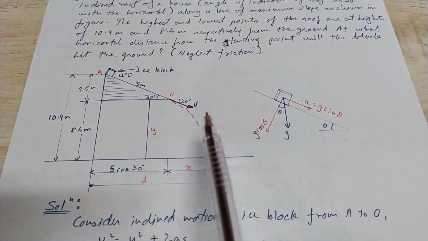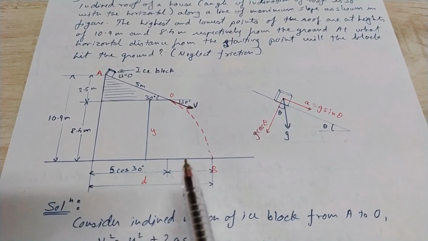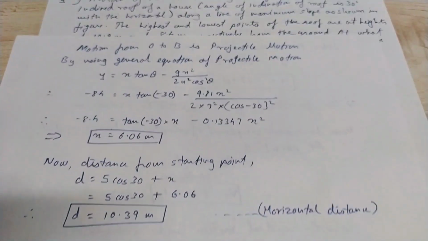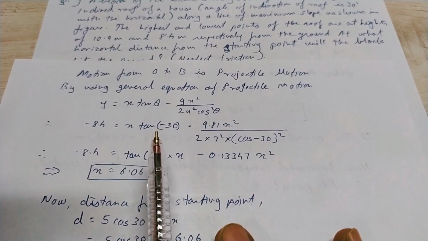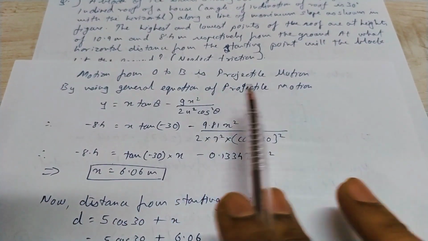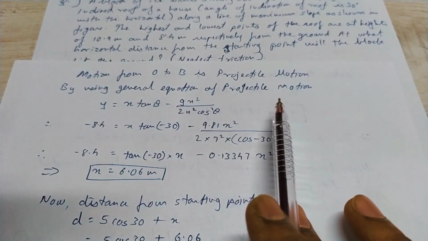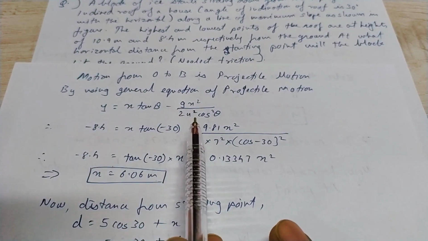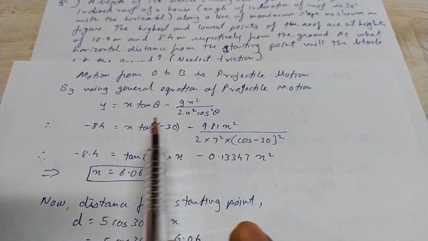Now we can use the general equation of projectile motion for finding this x value. The motion from O to B is projectile, so using the general equation of projectile motion, y equals x tan theta minus g x squared upon 2 u squared cos squared theta.